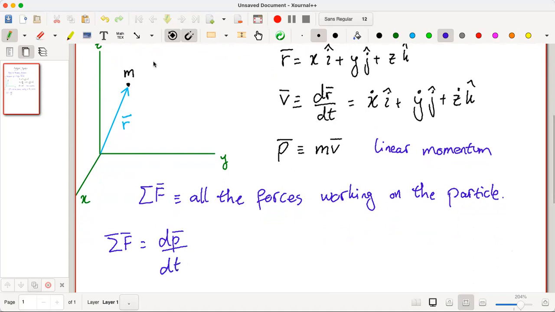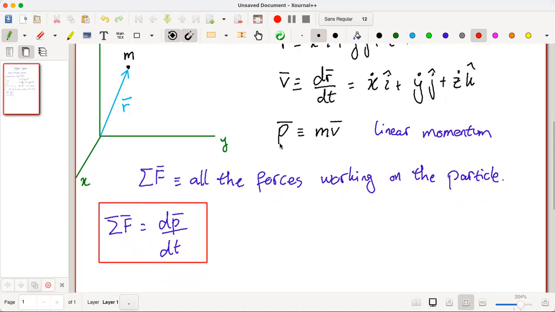What I mean by that is that the change of momentum over time is equal to all the forces involved, okay? This is basically the original expression of Newton's second law.